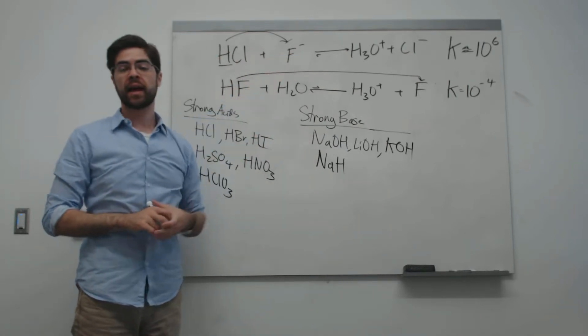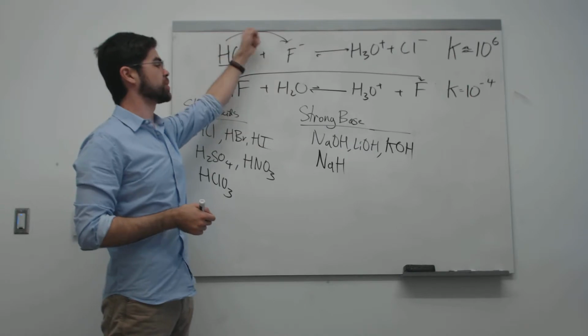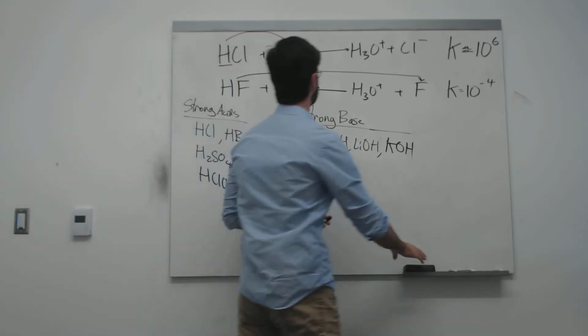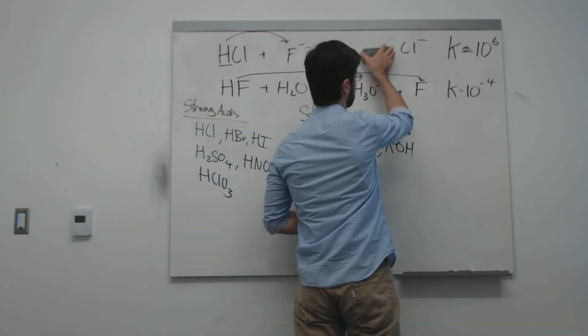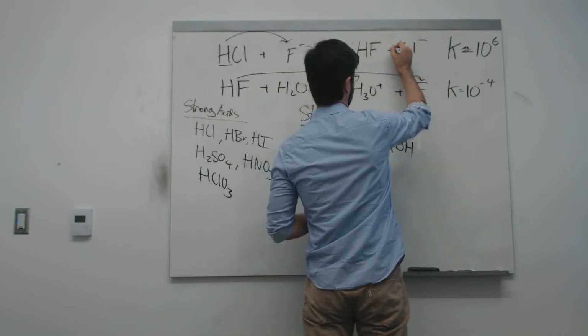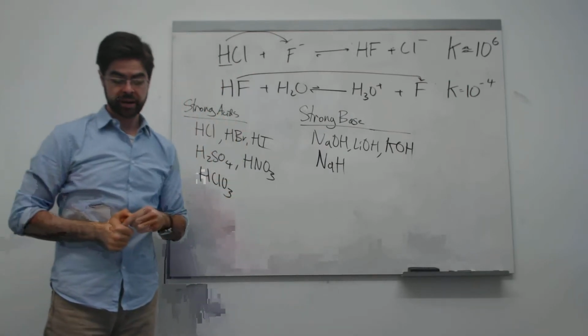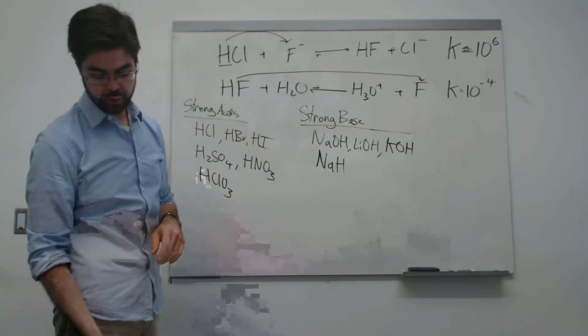If I mix HCl with a fluoride solution, the hydrogens are almost completely transferred onto the fluoride ion, and what I get is HF being produced almost to completion, and the chloride ion. That reaction would also go to completion.